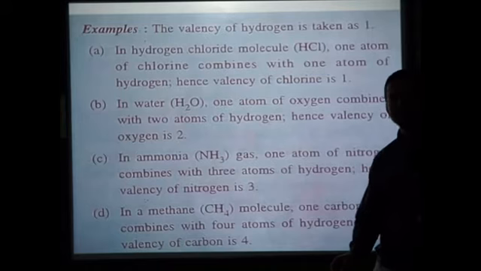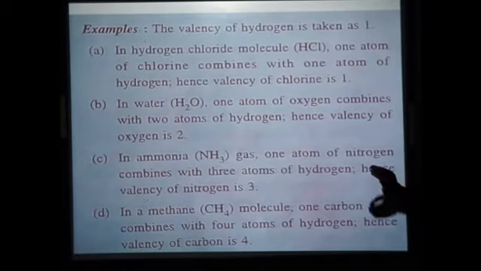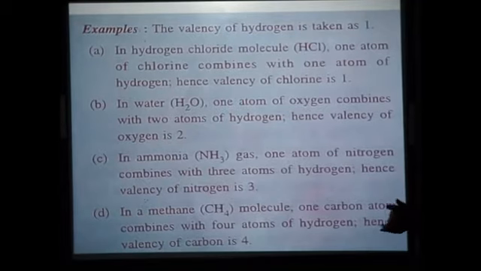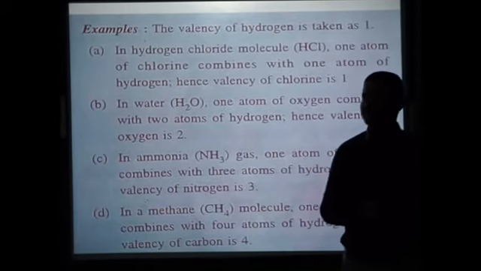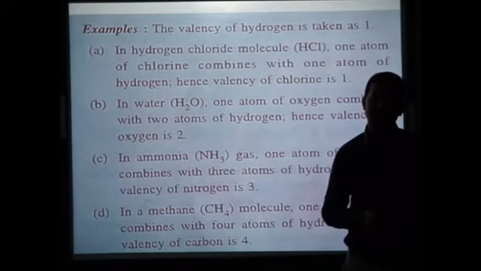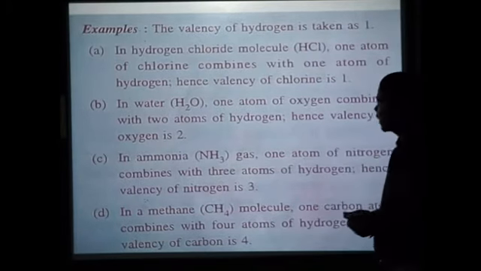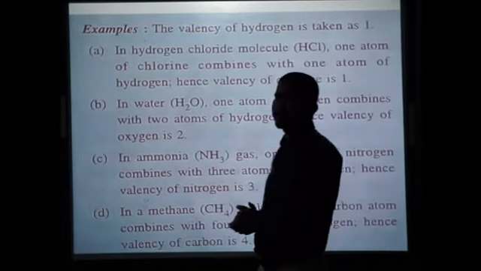So by seeing the number of hydrogen atoms combined with another element in a molecule, we can come to know about the valency of that element, provided the other is hydrogen. If the number of hydrogens combined is 1, then its valency will be 1.